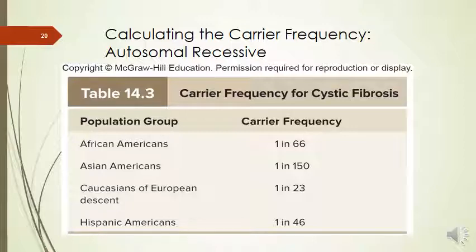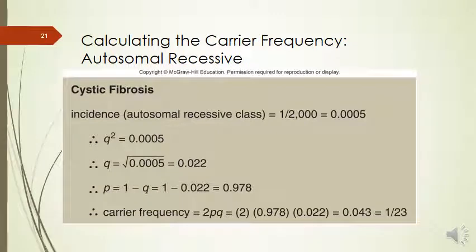If we look at this, we can see that Caucasians of European descent are far more likely to be carriers for the cystic fibrosis gene. And if we look at Asian Americans, they're only 1 in 150. CF affects 1 in 2,000 Caucasian newborns.